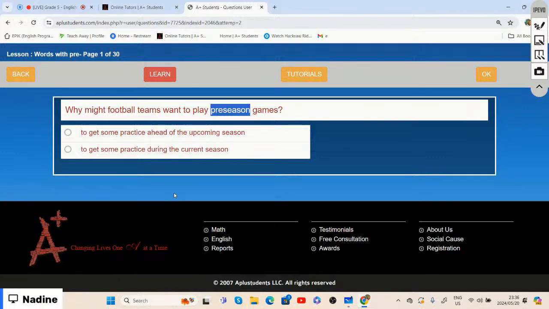Option 1 or option 2 as to why football teams want to play preseason games. If you're a soccer fan, then by all means, you will know this, apart from knowing what pre means.